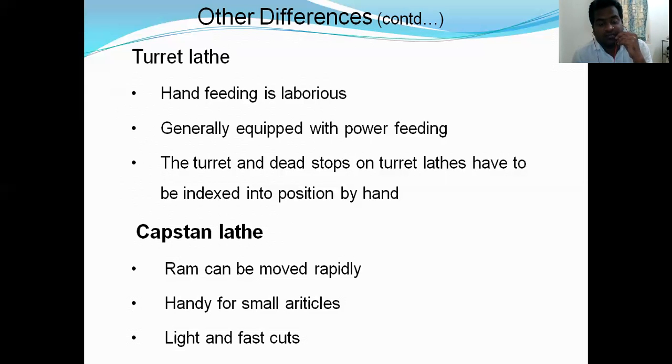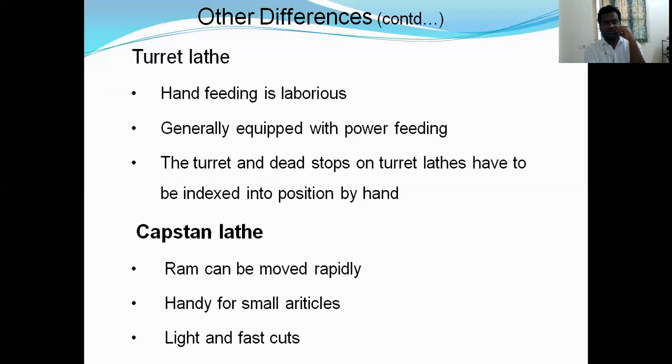So if the RAM moves rapidly, we easily get the longitudinal movement and easily control it. It can be handy for small articles, and it is helpful for light and fast cuts.